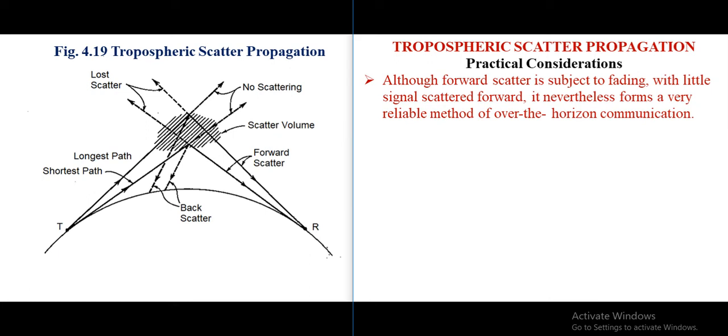It means we are not in need of the ionosphere. Once we have located this scatter volume, or once we have located this blob, we are in a position to transmit and receive the frequencies over the horizon, and hence over the horizon communication is possible.